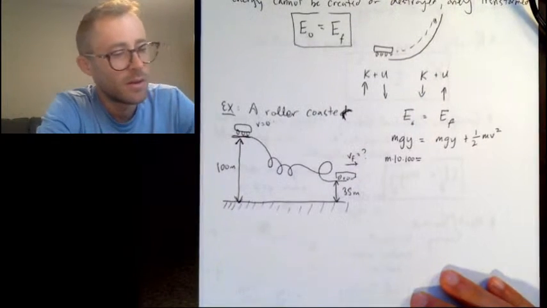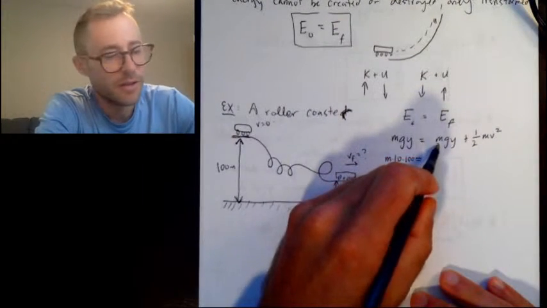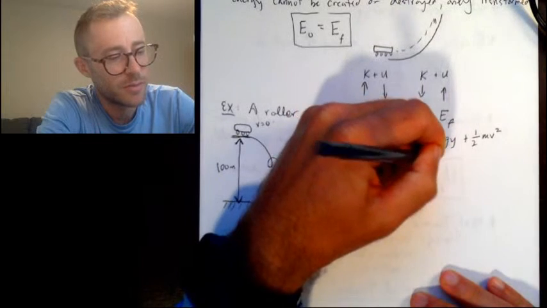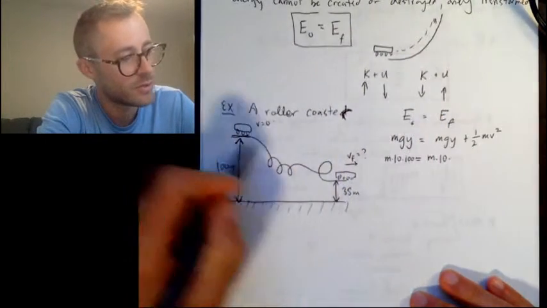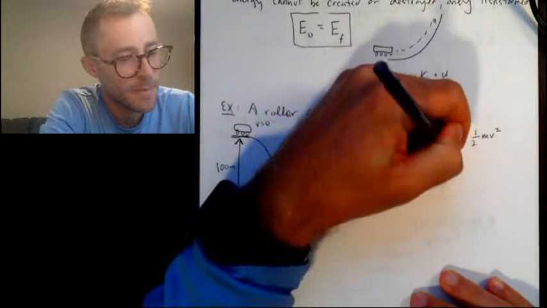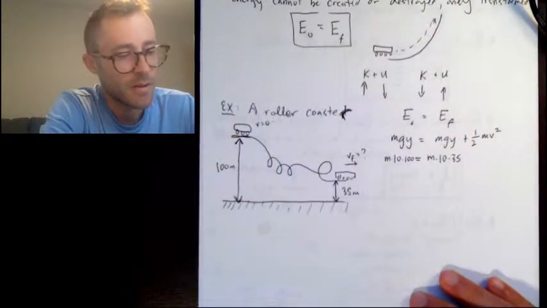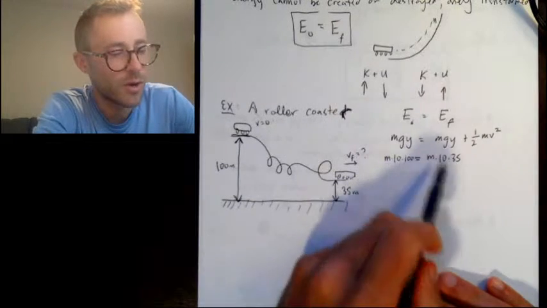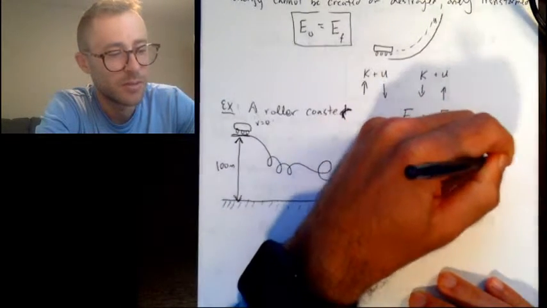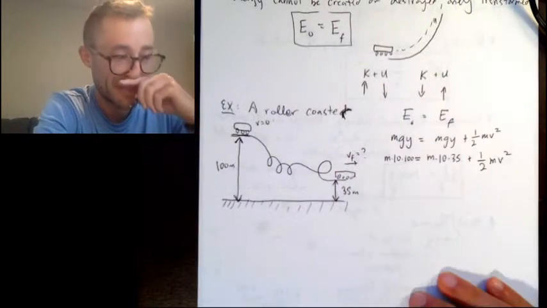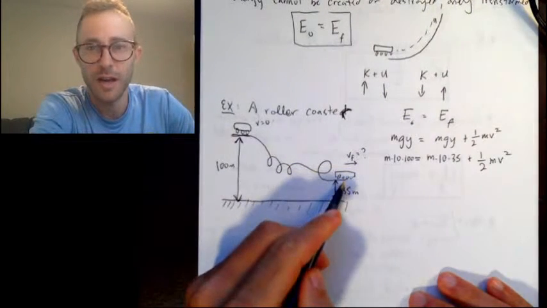In the end, we have m times g times y, which is 35 once we reach this spot. So it's not 100 anymore. The y value is 35. Plus 1/2 times m times the velocity squared, where v is the velocity at this location.